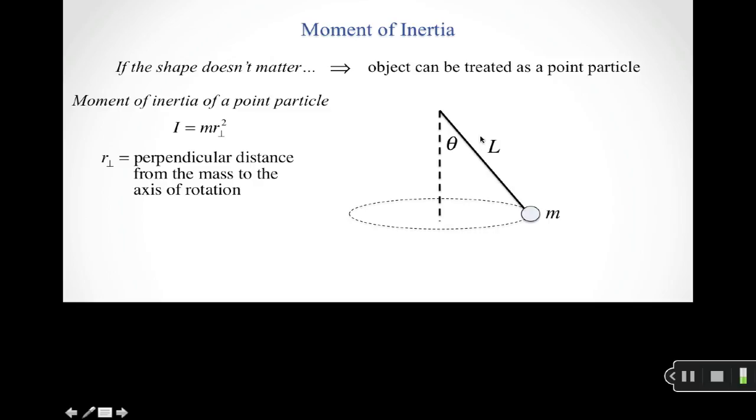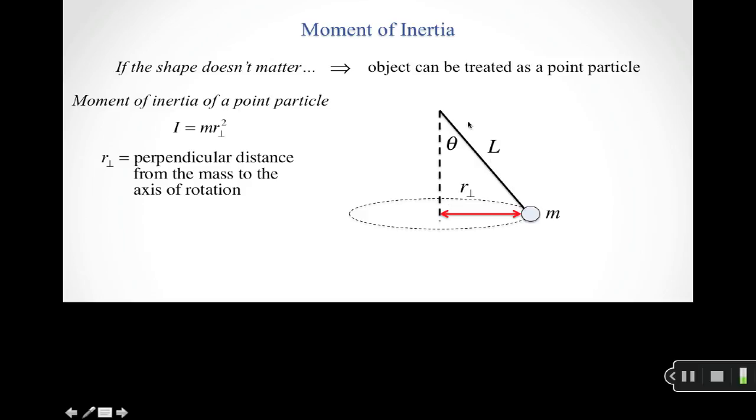So let's change it up a little bit. Same mass, same massless string of length L, but now instead of having this go in a horizontal circle where the whole string is in the plane, what if I let this hang down so that my string makes an angle theta with the vertical? Again, here's the axis of rotation.